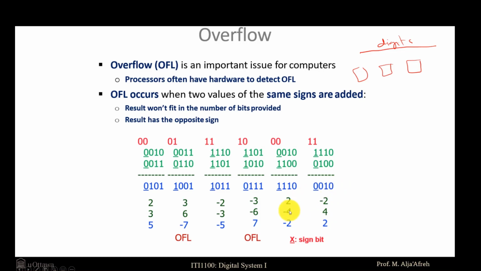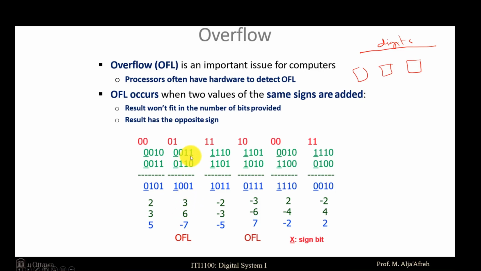Okay, guys? However, look at this example where we put two positive numbers. So we have 3 as positive and 6 as positive, and we add them together.